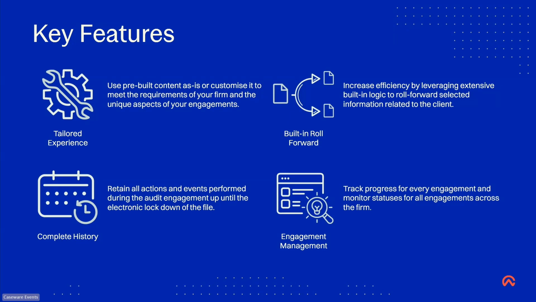Now, I did not show this, but just to mention, for example, on the human resources engagement that I've just performed, if I need to go and perform that again, I can do a roll forward, what we call it. And that basically will then copy, for example, your risk controls and procedures across to a new engagement so that you don't have to document those things.